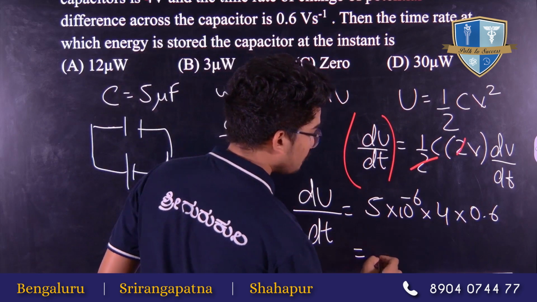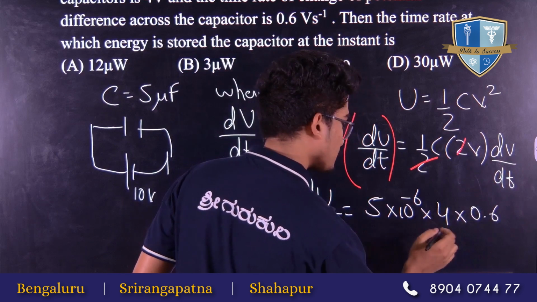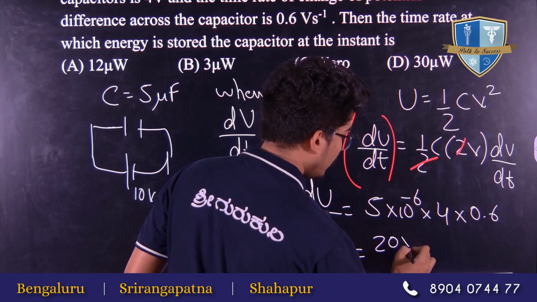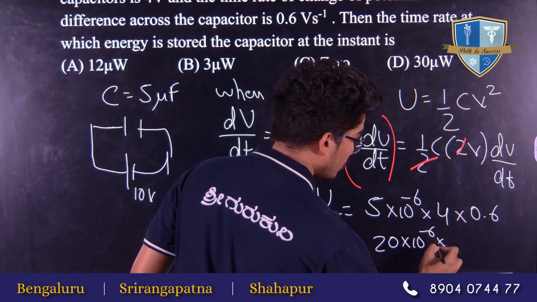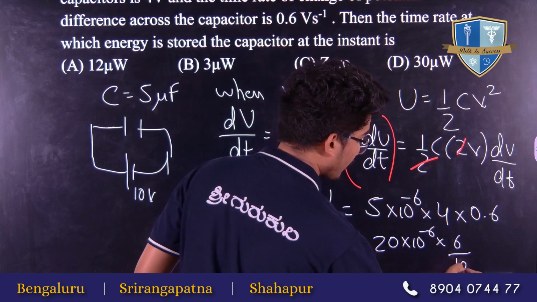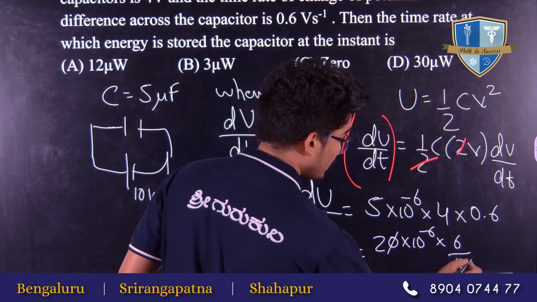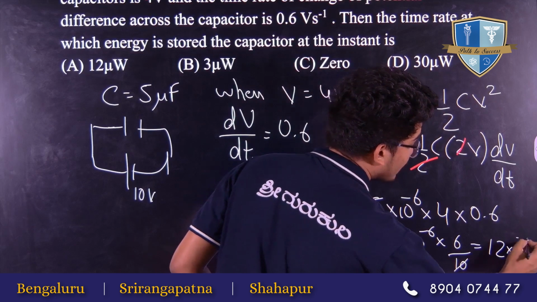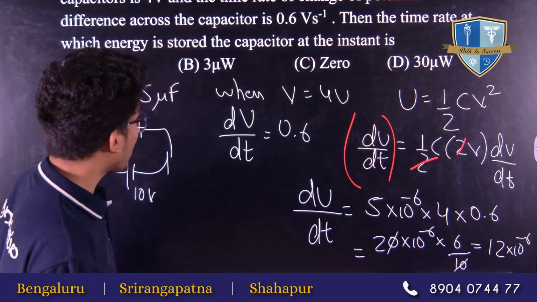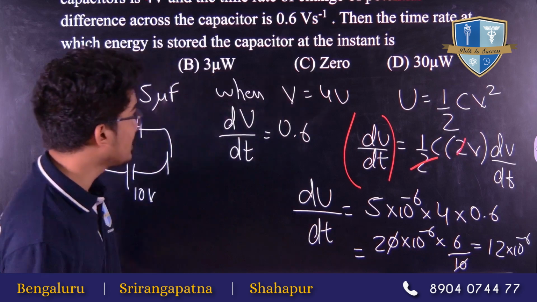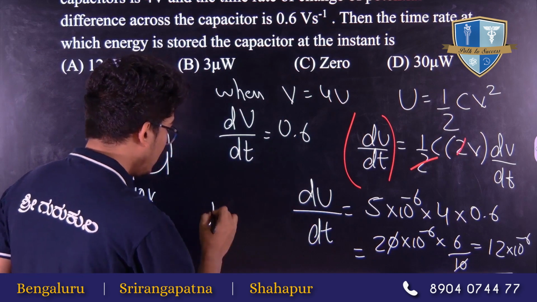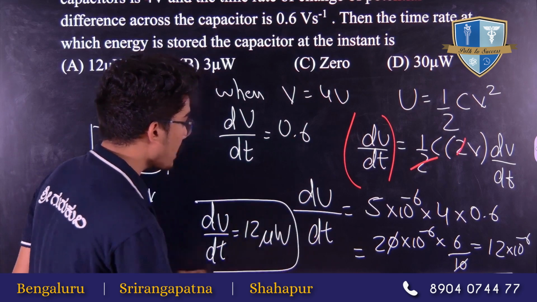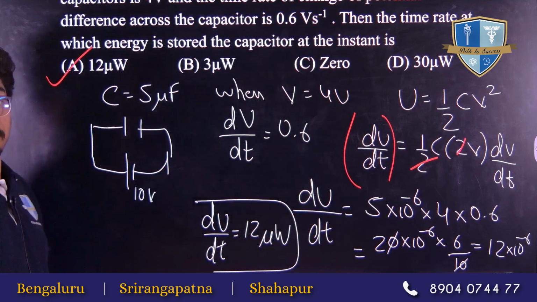So this combined becomes 20 into 10 to the power minus 6 into 6 divided by 10. So this 0 and 0 will cancel out, and 6 twos are 12. So it is 12 into 10 to the power minus 6, and the minus 6 can be written as mu. So it is 12 mu watts. Any option can you see here? Option A is the correct option.